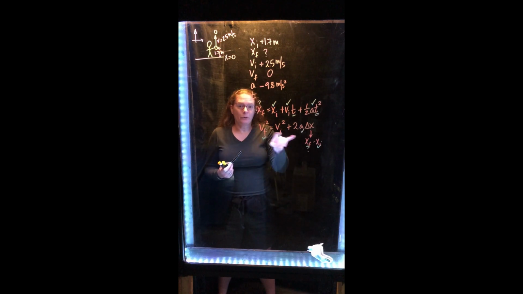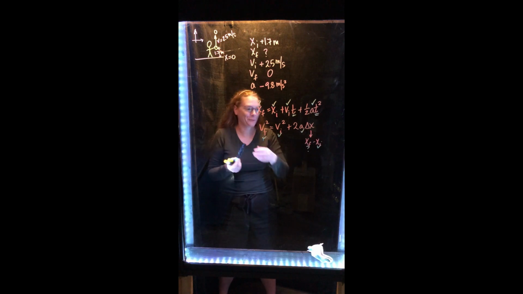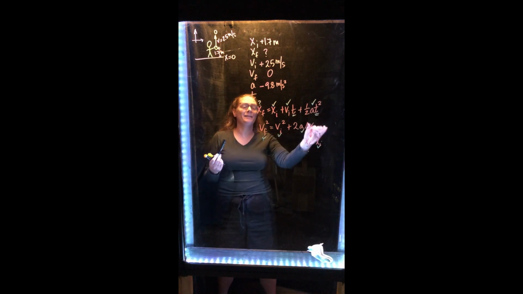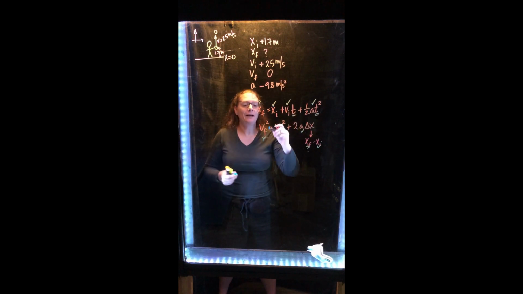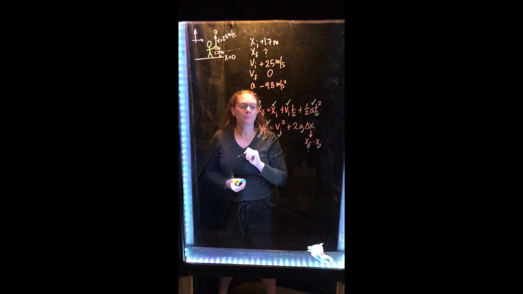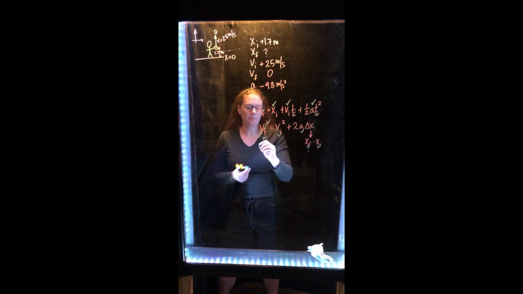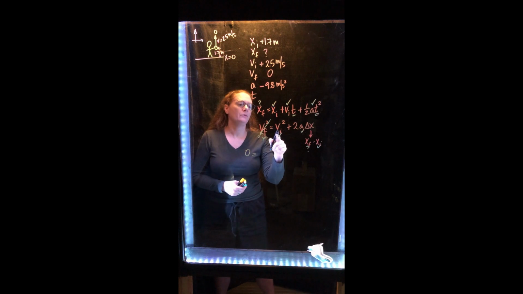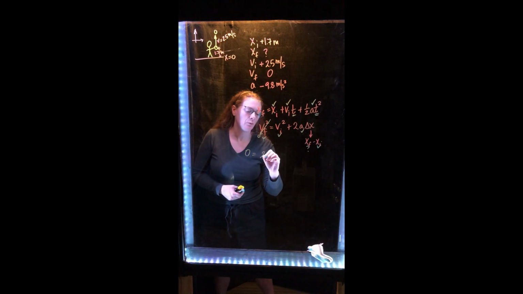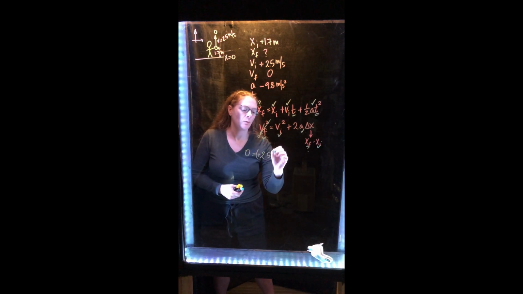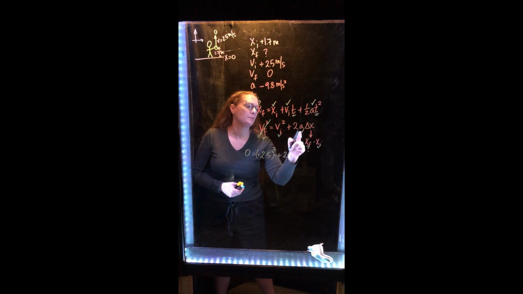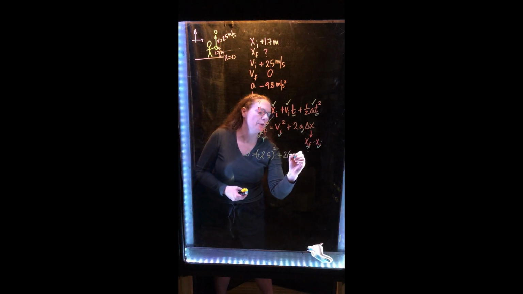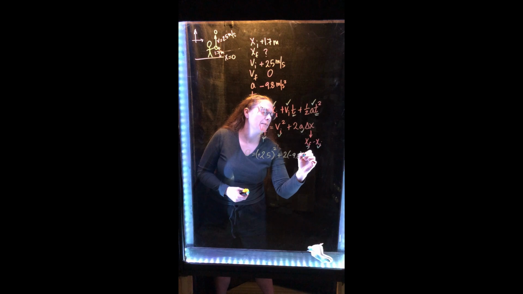And what I like to do first when I'm dealing with an equation is figure out if there are any zeros, because it just makes the math easier and it makes it neater to work out when you're writing. Is anything 0 here? Yes. Velocity final is 0. So right there, I've got 0 equals v initial squared, 2.5 squared, plus 2 times the acceleration, negative 9.8, times delta x.